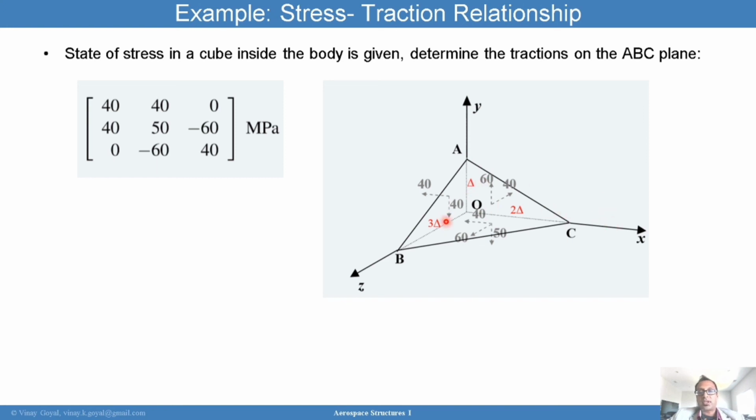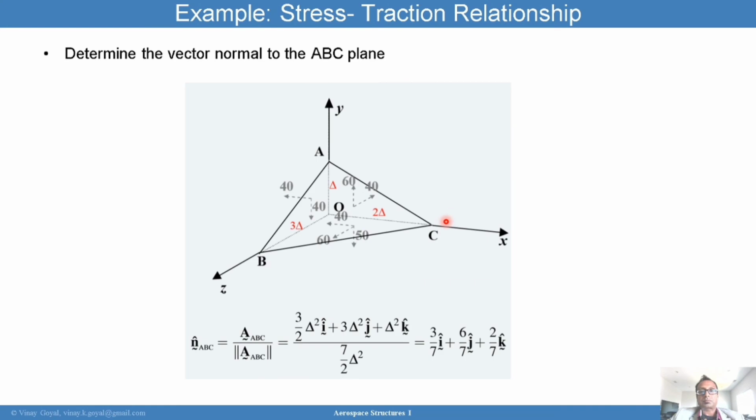And we talked about that third Newton's law. So that makes total sense. This area right here is just a right triangle, so that's just 1/2 delta times 3 delta, which is 3/2 delta squared. And I put I hat because that's the area corresponding to the x direction.